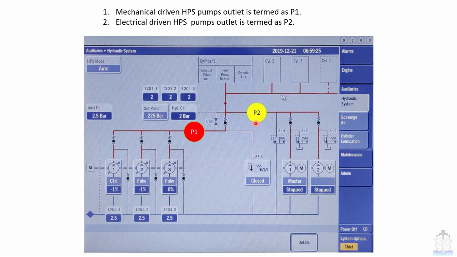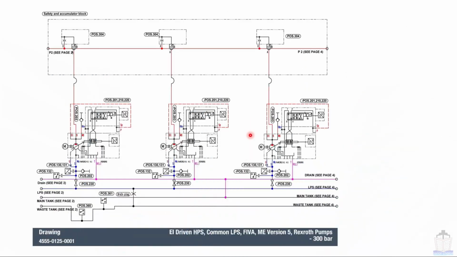Now we are going to see the same thing with some examples. This is the 3 pump configuration where 3 electrically driven HPS pumps are installed. Here M is written under the circle, which indicates that an electric motor is fitted to drive the HPS pump. This can also be understood with the help of P2, since P2 indicates the outlet pressure manifold of the electrically driven HPS pumps.